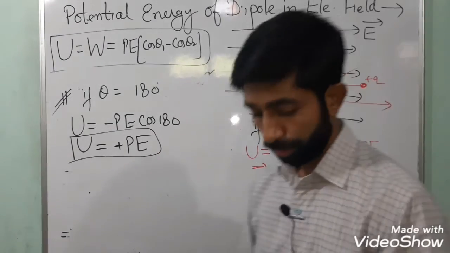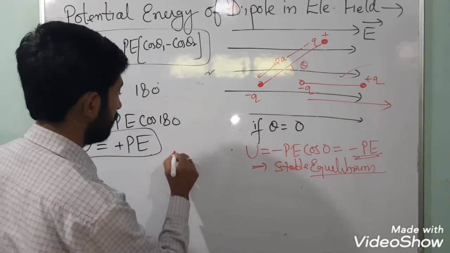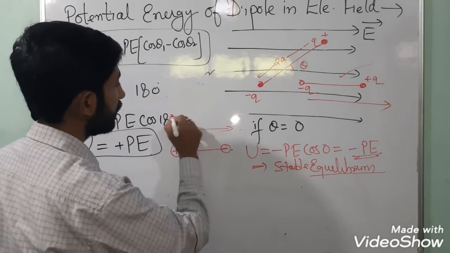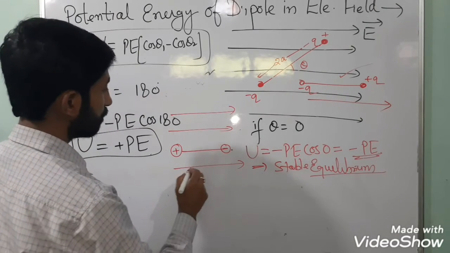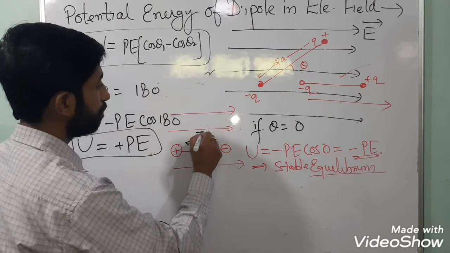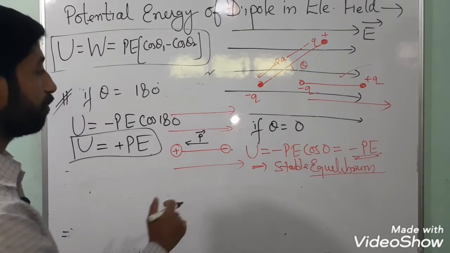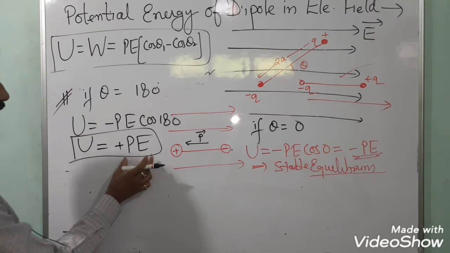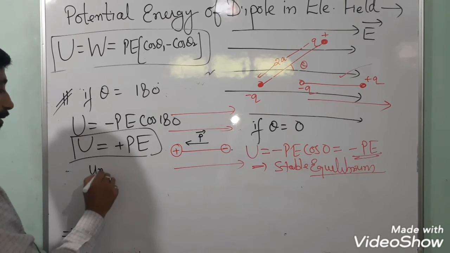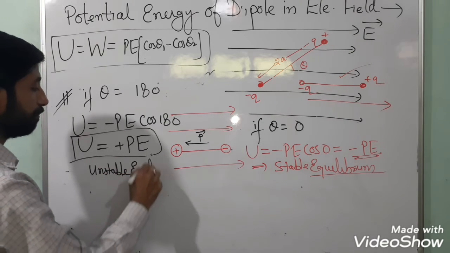The system looks like this orientation. If this system gets reversed, this is your plus q and this is your minus q, and that is the electric field, and the dipole moment is in this direction. The system is aligned in an opposite or anti-parallel position with respect to the electric field, the potential energy will be maximum, and the system is unstable. This position is known as unstable equilibrium.